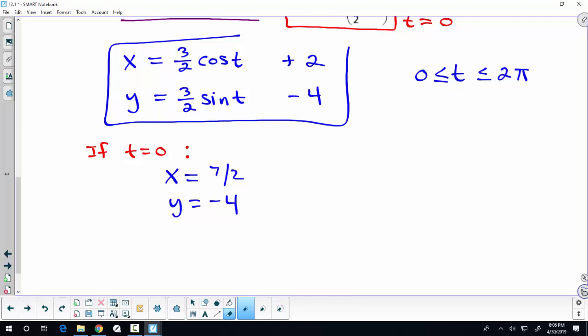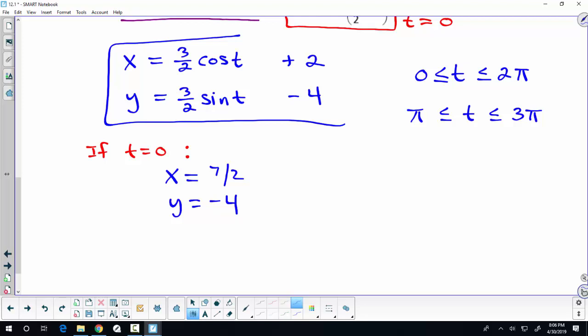Really we have this b here, and I want to say that if we let t range from pi to 3 pi, the sine of pi is 0.